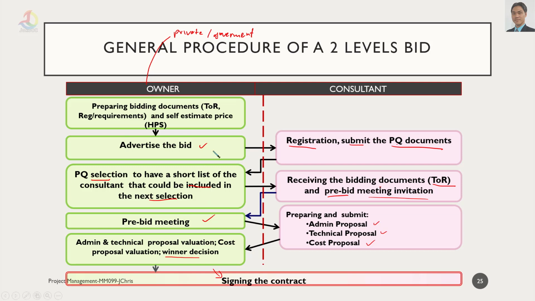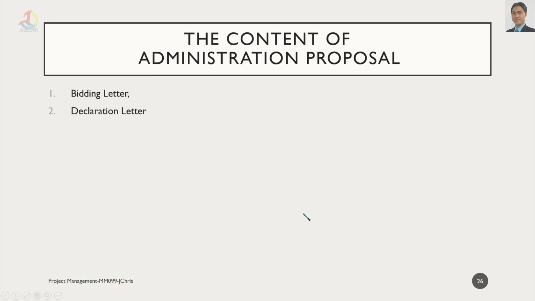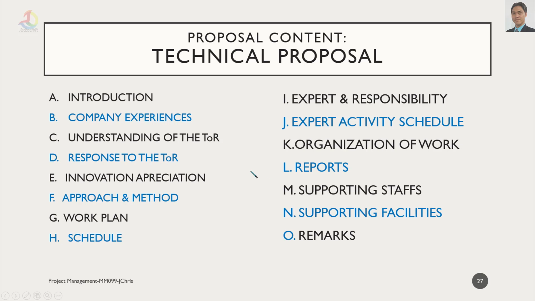The main flow is like this. Okay, the content of administration proposals. There will be bidding letters and declaration letters. And the proposal content of technical proposals will include introduction of the company that wants to bid for the project.